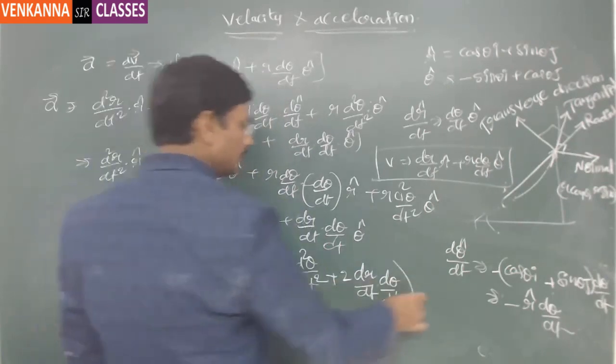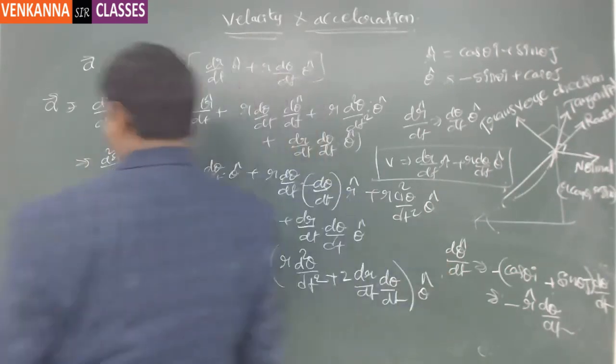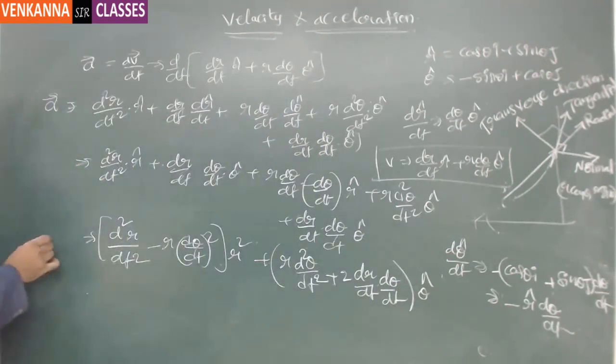So this is in the theta cap direction. So this is the radial and transverse acceleration. Got it?